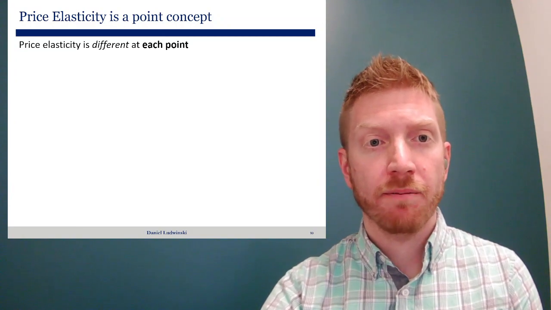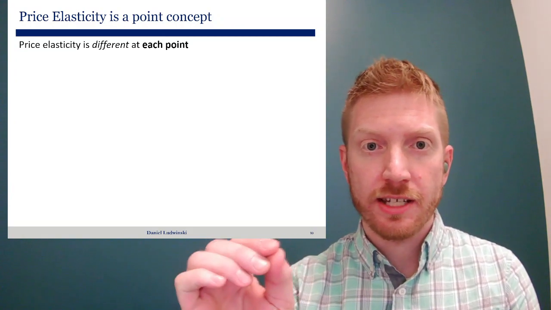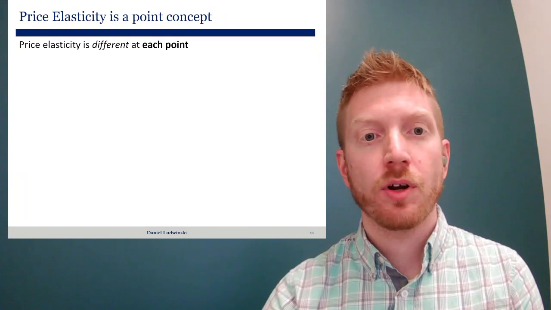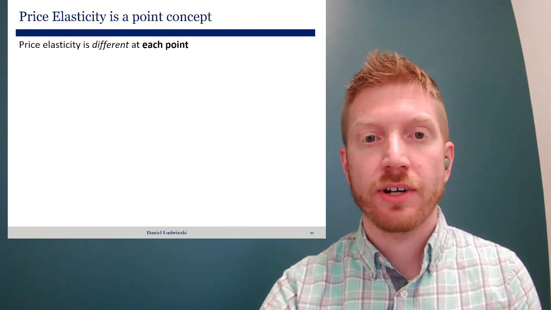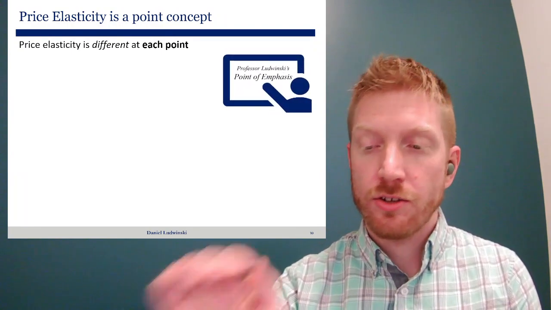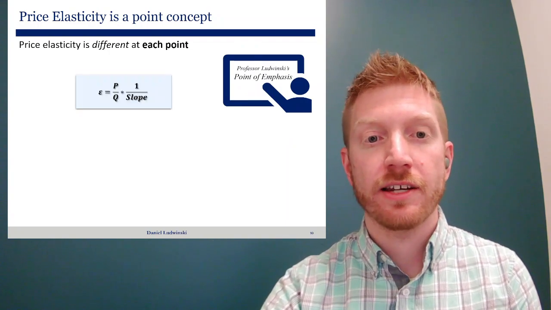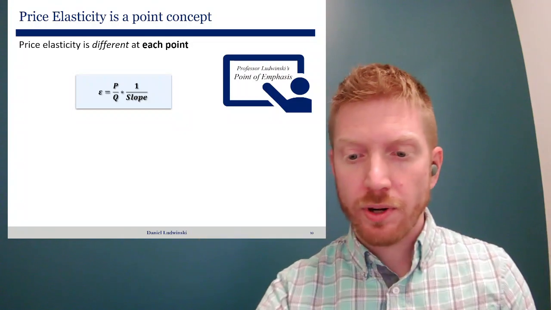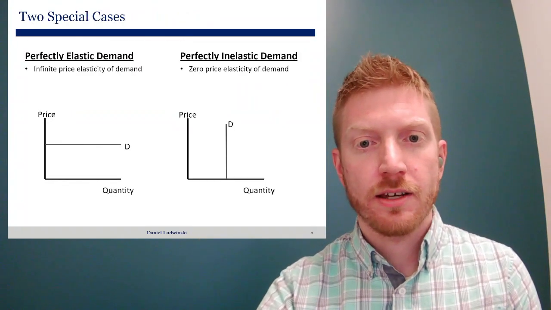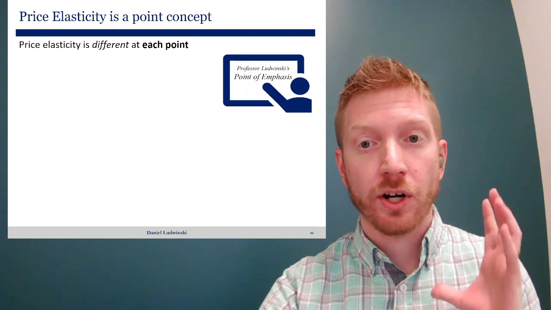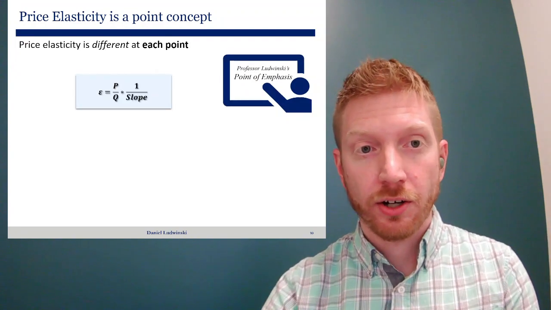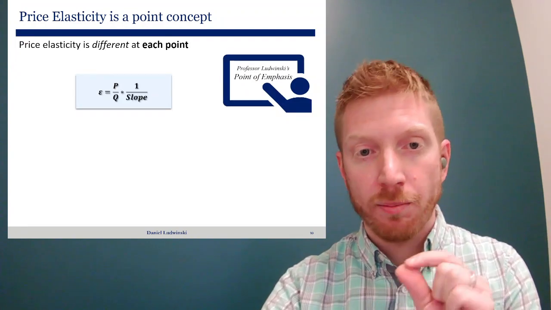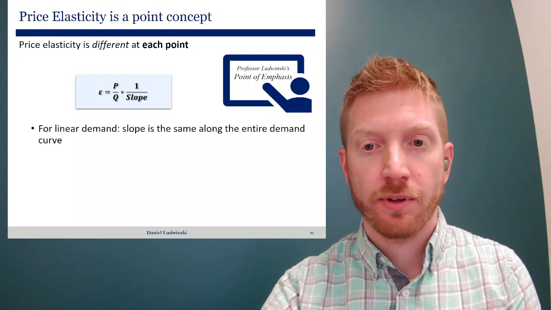The one thing I want to emphasize here is, as we can see with a linear demand curve, price elasticity is different at each point. So I really want to emphasize that elasticity, even though we're showing it on these special cases, is not true for a curve, for a demand curve. It's a point or between 2 points concept.